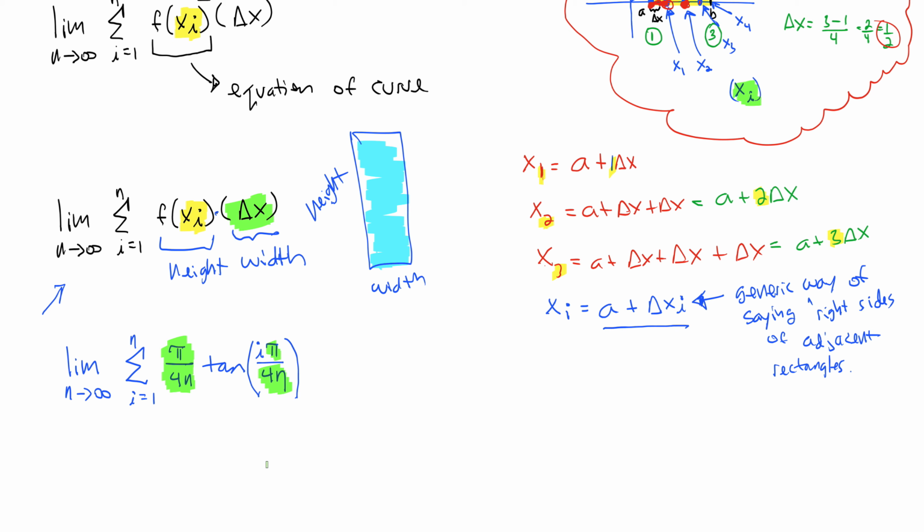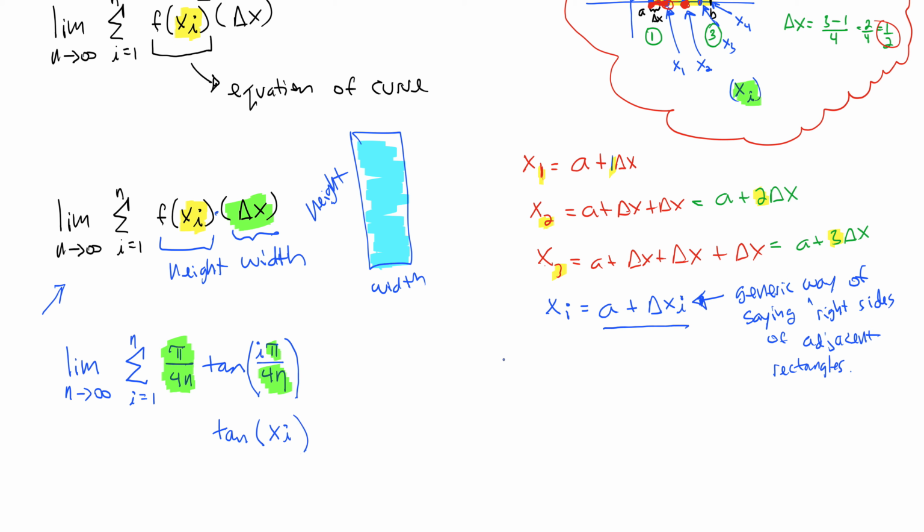Okay. So let's see if we can write this a different way. Let's see if we can write this as f of xi. So how can we write this as tangent of xi? Like that.